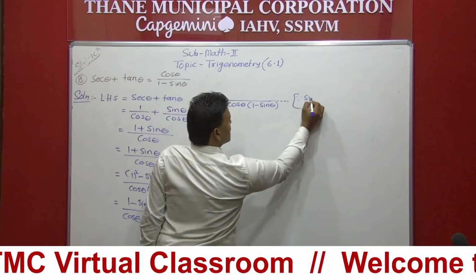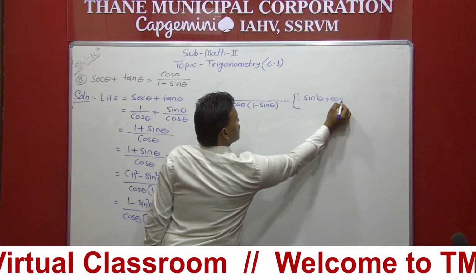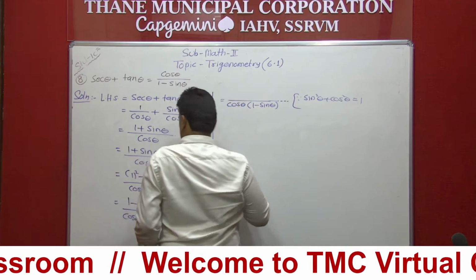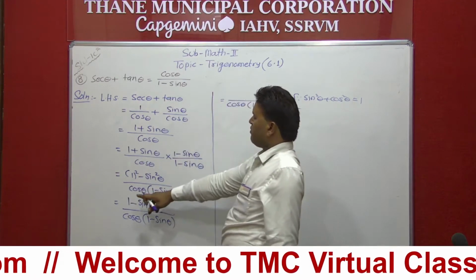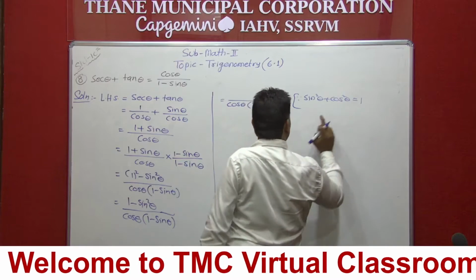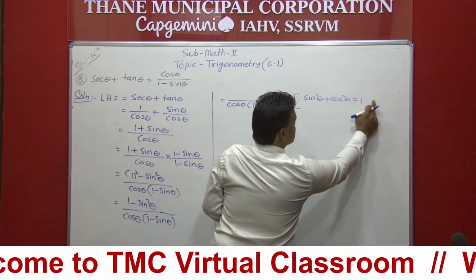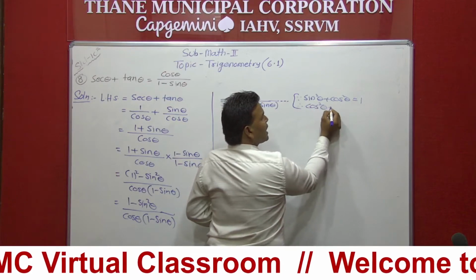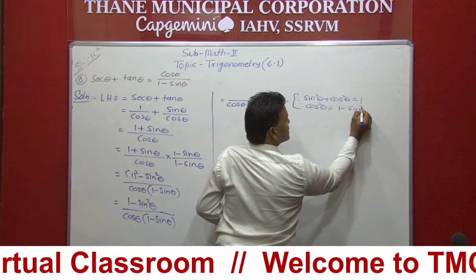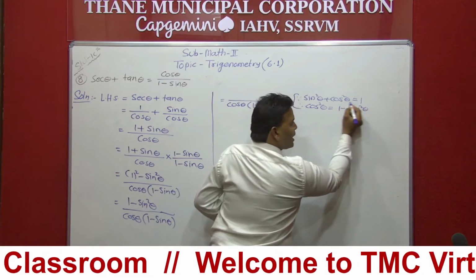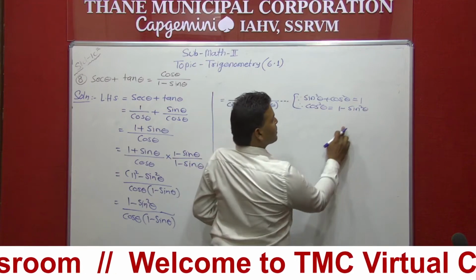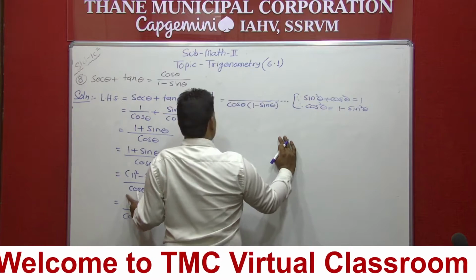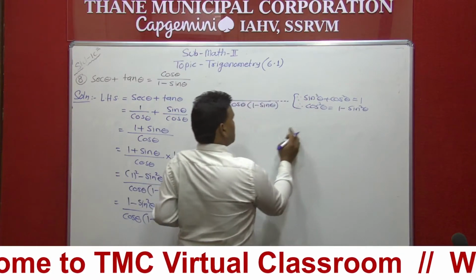Since sin square theta plus cos square theta is equal to 1. Now here see what we are having: 1 minus sin square theta. 1 minus sin square theta means what? I have to transfer this one to this side. So here it will become 1 minus sin square theta. Therefore cos square theta is equal to 1 minus sin square theta. So instead of 1 minus sin square theta, I can substitute cos square theta. So at this place, what can I substitute? I can substitute this. So let us substitute.